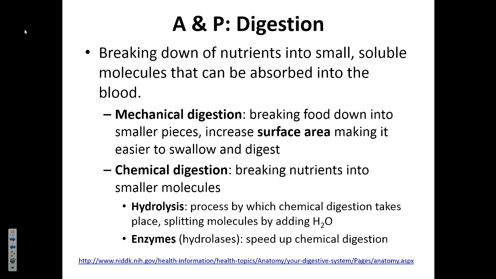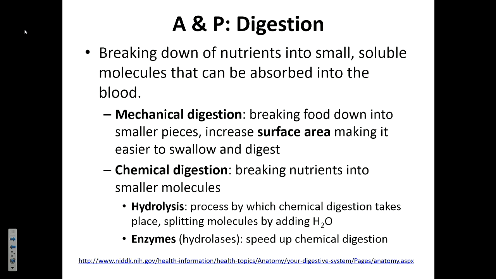A couple different types of digestion. So we mechanically digest and we chemically digest. Mechanical digestion is essentially what's happening when you're chewing your food, breaking the food down, increasing the surface area. Things like salivary amylase enzymes are starting to break that food down in your mouth before it even gets to your stomach and intestines.